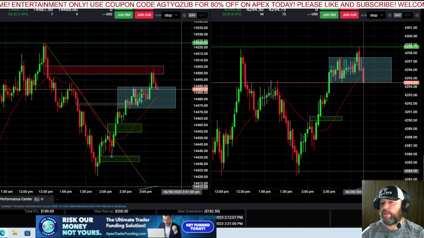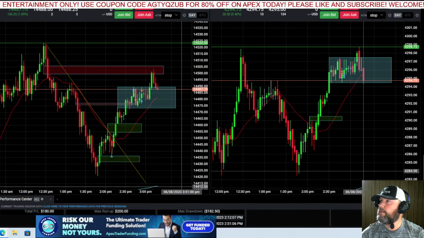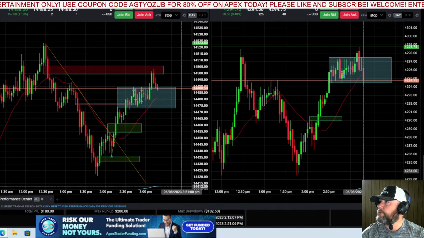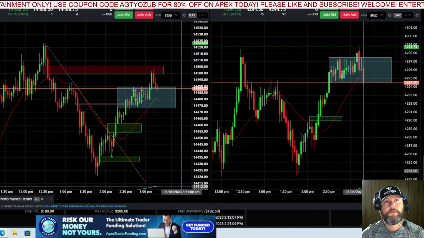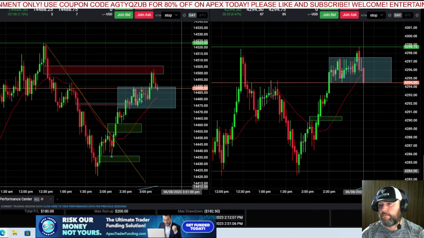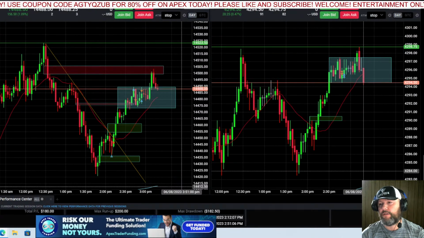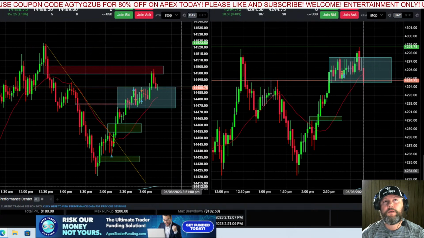All right, looks like we are getting that shift to the downside here. So let's take a look at it. Possible entry here. Use the pivot probably as the entry, somewhere in there in that 96.25 area.